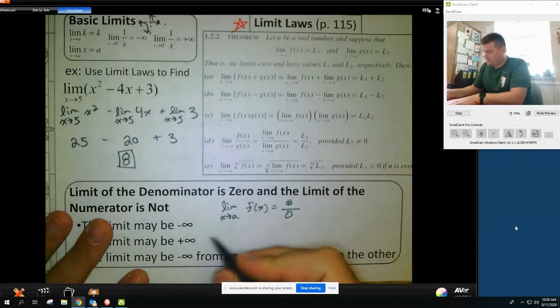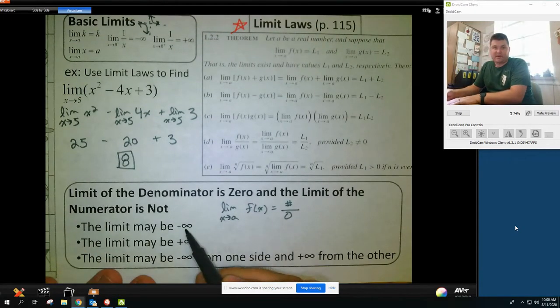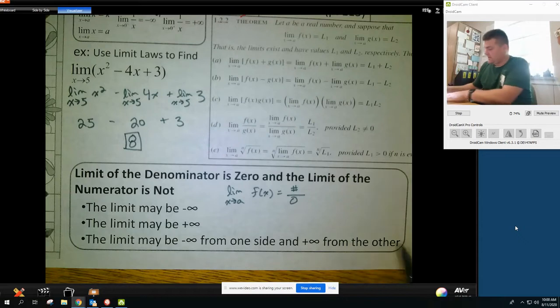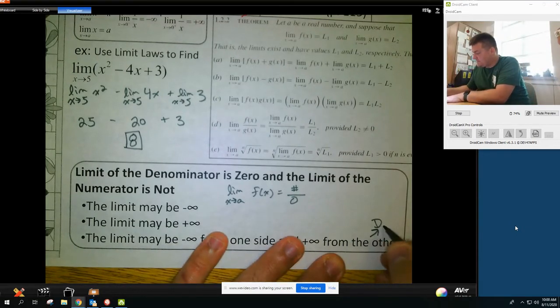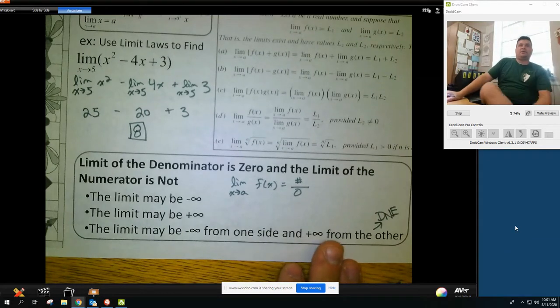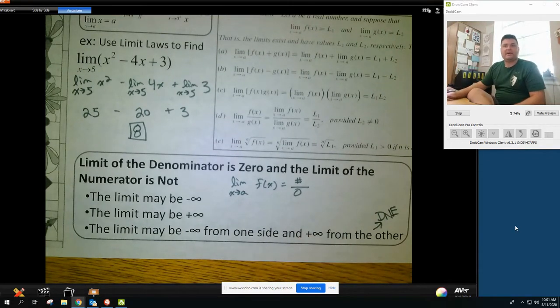The limit is either going to be negative infinity or positive infinity, or it might be negative infinity on one side and positive infinity from the other side, which would mean that in this scenario, this is a does not exist. So I'll go over one of those problems on the back for what that may or may not look like.